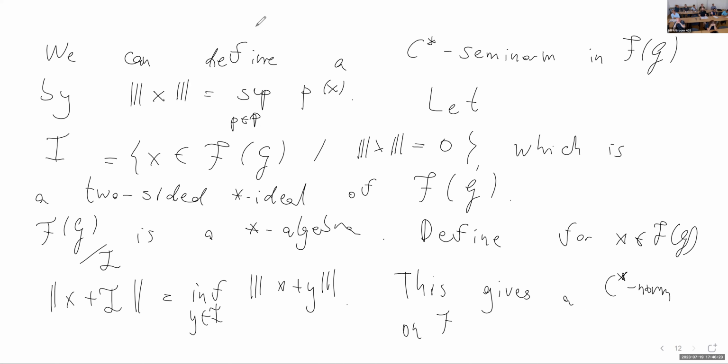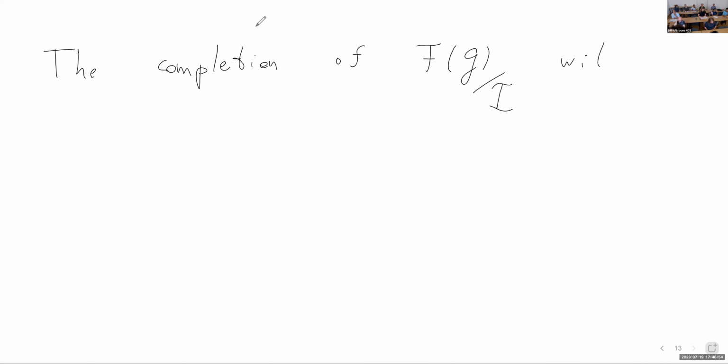This quotient. And once you have a C-star norm on a star algebra, we can take the completion with respect to this norm.